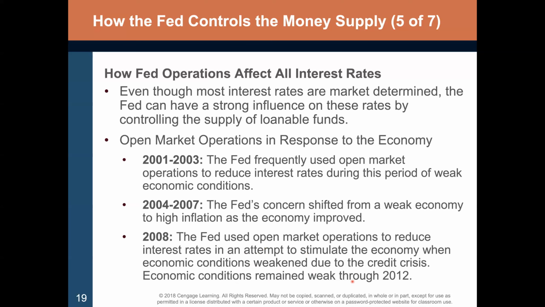Economic conditions remained weak through 2012, at which point we've seen a steady growth and improvement in the economy up until this COVID-19 crisis. We are now seeing very similar approaches. Their open market operations in response to the current crisis of COVID-19 have been similar to previous crises, with some additional things that they've done.